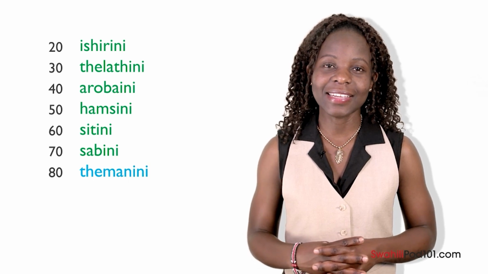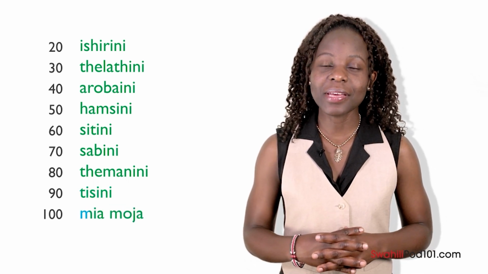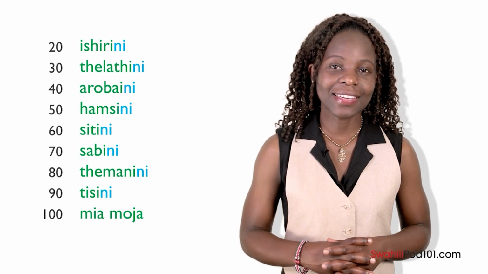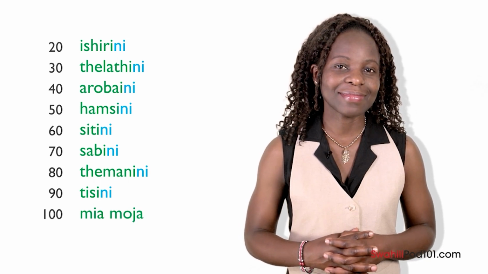Sabini. Themanini. Tisini. And lastly, mia moja. All these numbers take a ni at the end, except for mia, meaning 100. This is an easy way to remember these numbers.